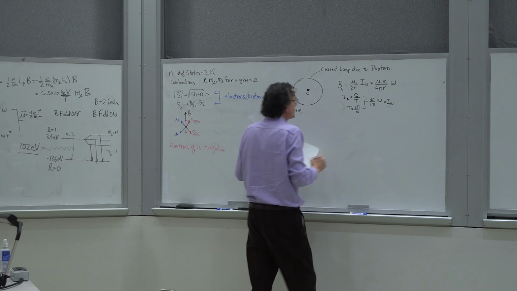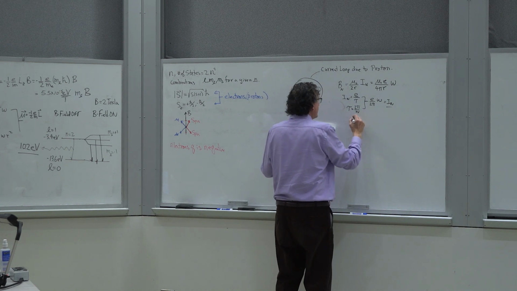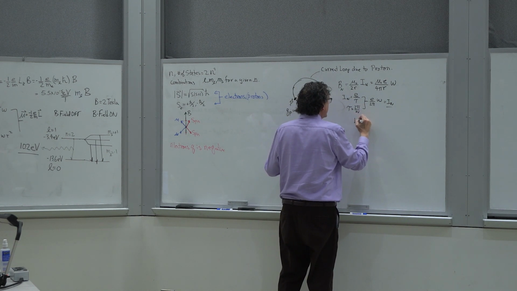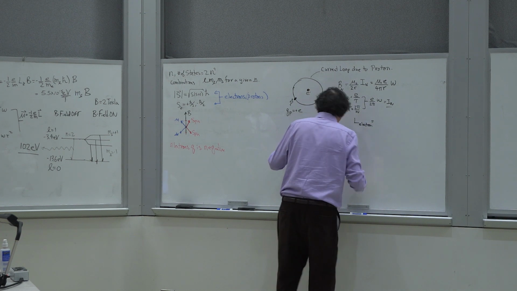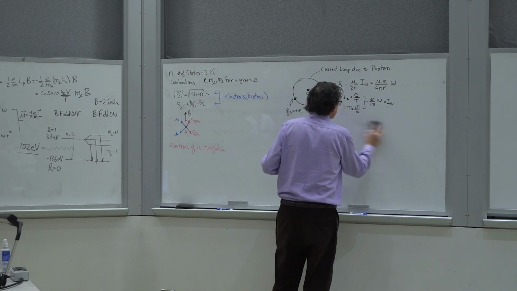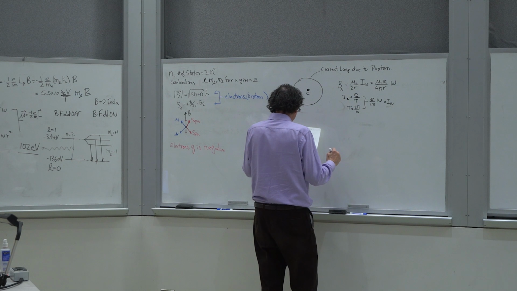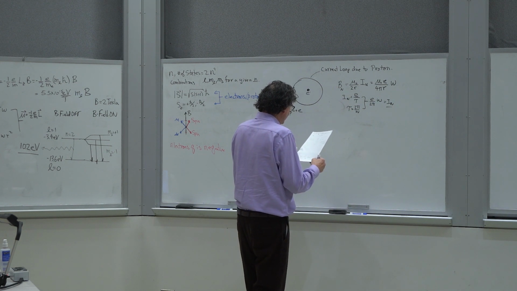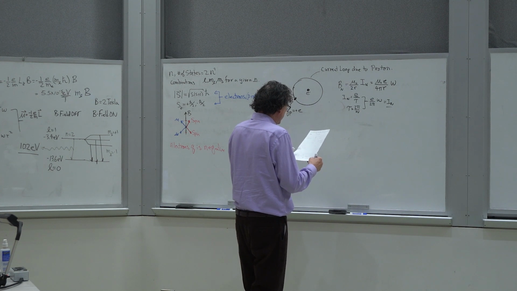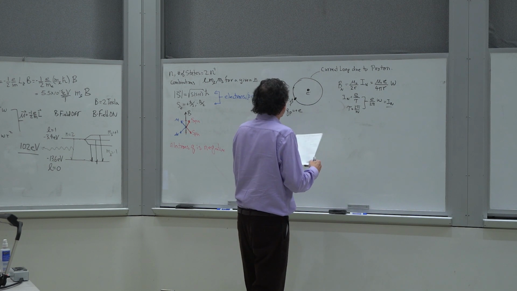Now, I can use my expression for the angular momentum L of the electron. I'm sorry, I did this wrong. Yes, the orbital angular momentum.